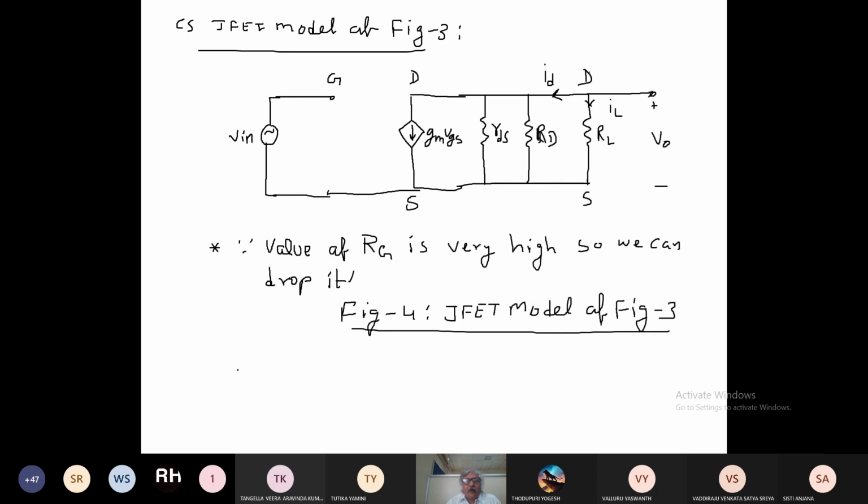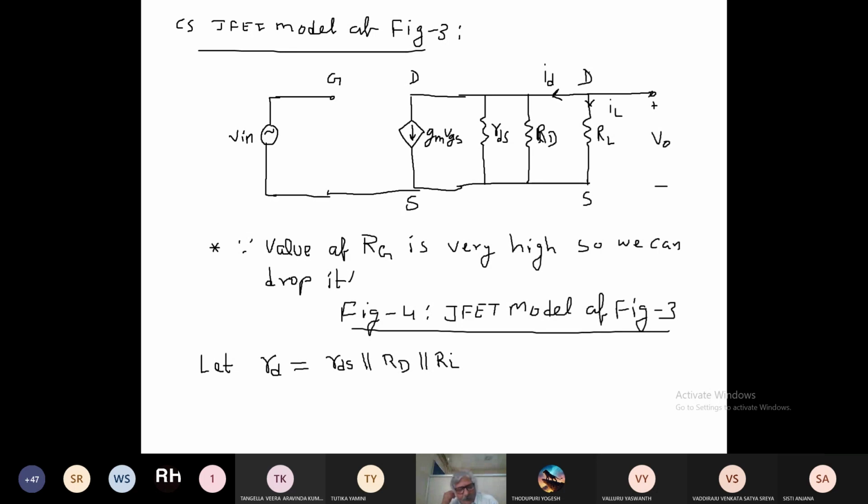So I will replace these three resistances with one resistance. Let RD equal RDS parallel to RD parallel to RL.